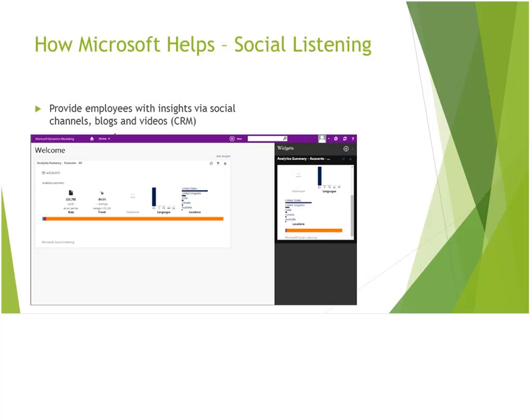So it was originally, I think, in the beta, but it never made it to full production. Now RSS is back in there. So we can now add our local news feeds and that kind of thing, and we can monitor those through the social listening tool as well. So again, this is a tool which is enabling employees to provide better service by listening and seeing what the sentiment out there is in the market. So again, this is on the CRM side of the fence, if you like.